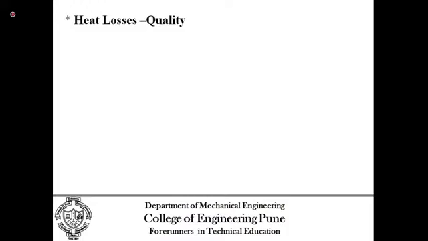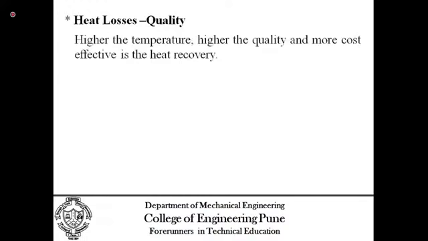Thus, the quality of the heat loss is to be first determined. How to determine the quality and how to determine the quantity? That is the question. The quality is based on the temperature difference, delta T, which is available. As we know, no heat transfer process can exist in the absence of a delta T. We also know that if delta T is higher, then the heat transfer is higher.